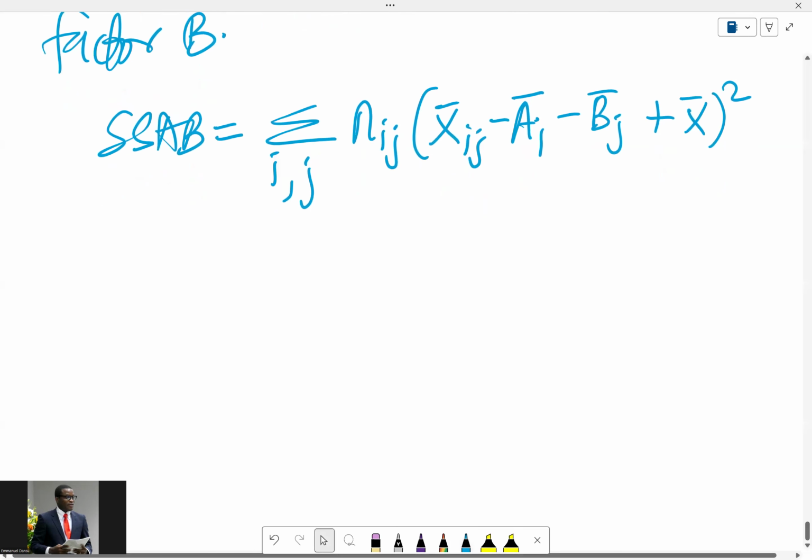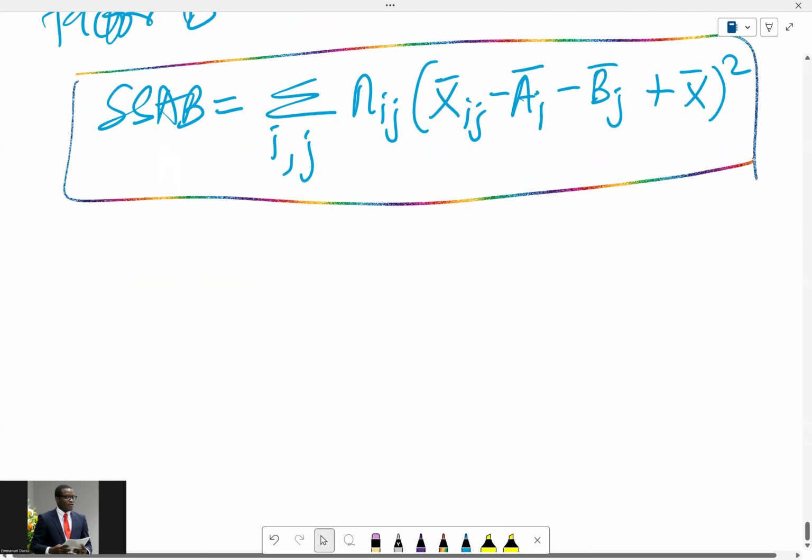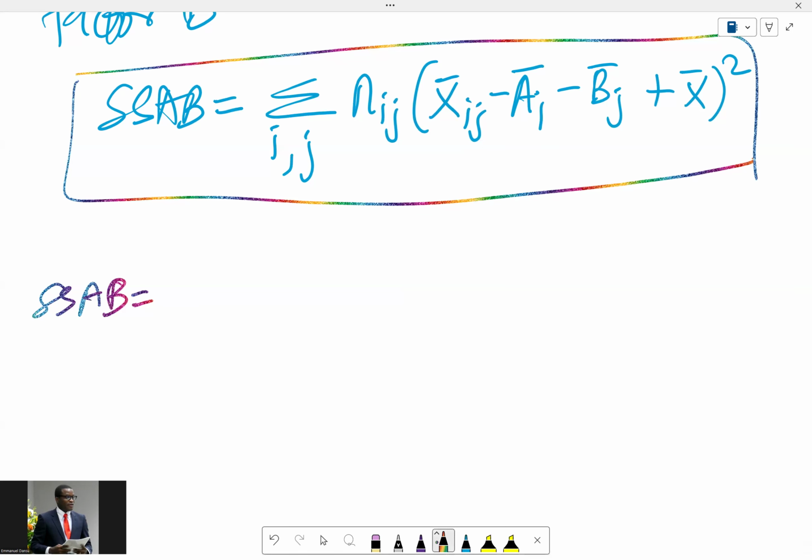This is the formula that we are going to use. Instead of having to break it down, I'll just go through. SSAB is simply n_ij times the rest. Talking about the interactions, if you take them in pairs, they are 10 each.